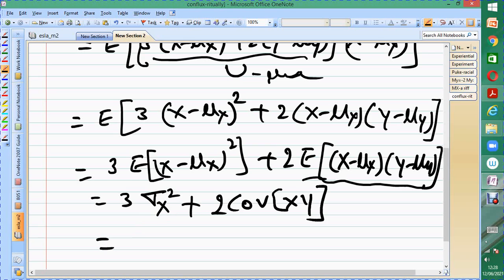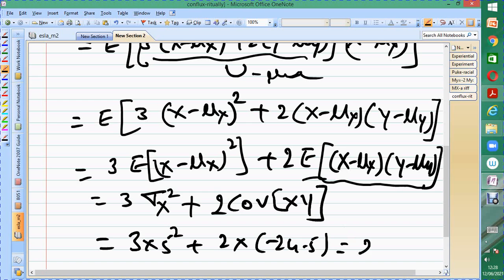Now substitute all the values we have already obtained: 3 into 5 square plus 2 into minus 24.5. This gives the answer as 26. So this is the next part.